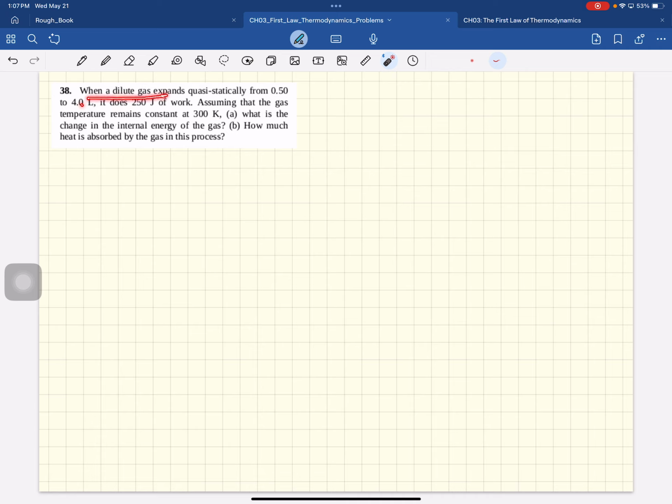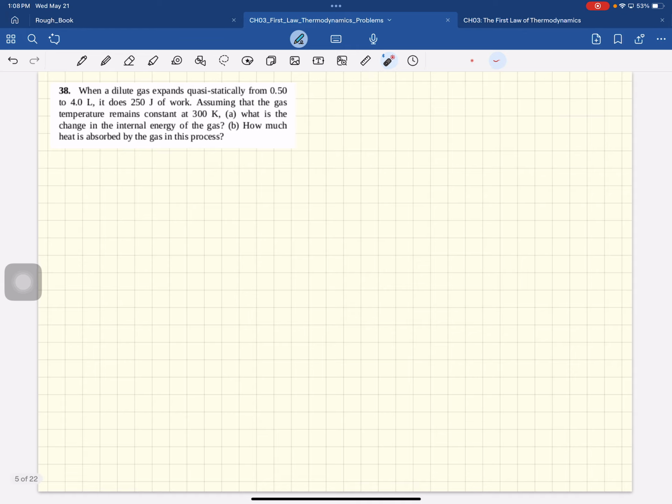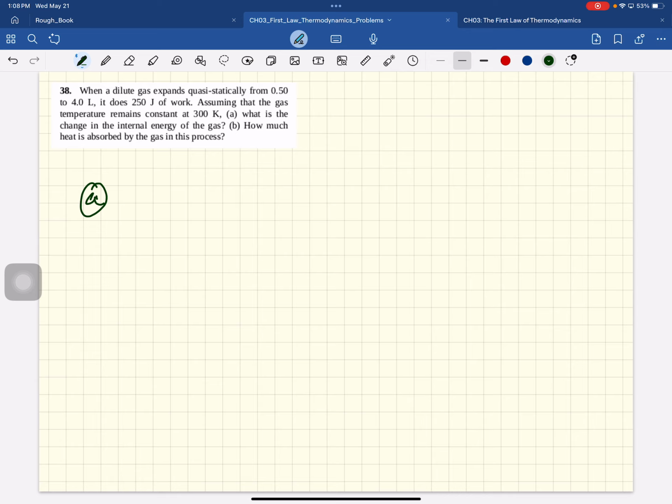When a dilute gas, again, what does a dilute gas mean? It behaves as an ideal gas. Very good. It expands quasi-statically from 0.5 to 4 liters. It does 250 joules of work, just like last time. Assuming that the gas temperature remains constant at 300 degrees Kelvin, what is the change in internal energy of the gas? Essentially the same problem. So part A, it's isothermal.